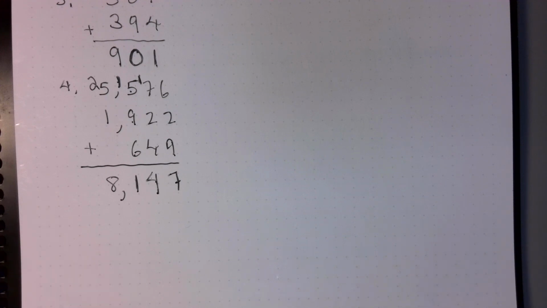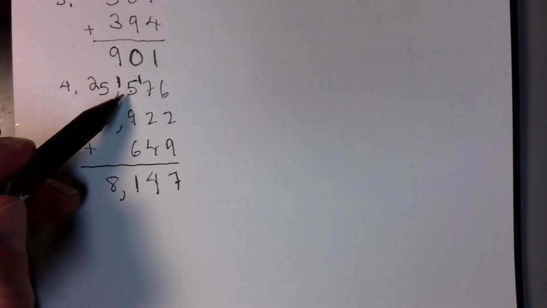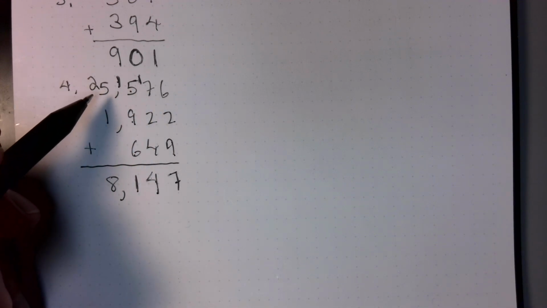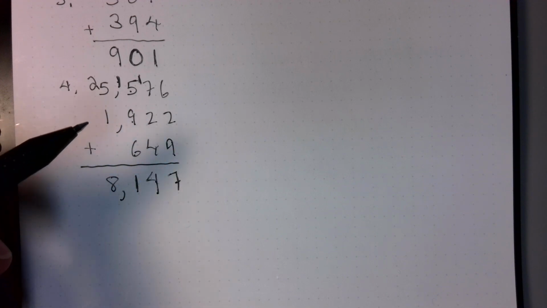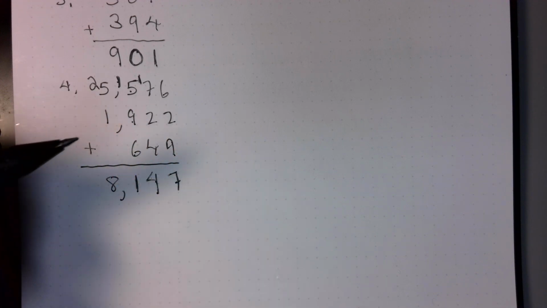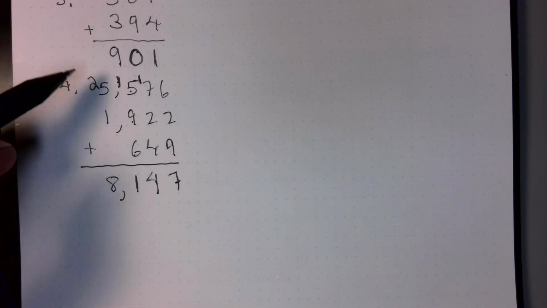Okay? Now, when you're working out the problems for this section, I would highly recommend writing them out longhand. I want to see your work. I want to see your carrying. Okay? One of the purposes of this class is to help students develop a number sense. In other words, get a feeling for how numbers work.